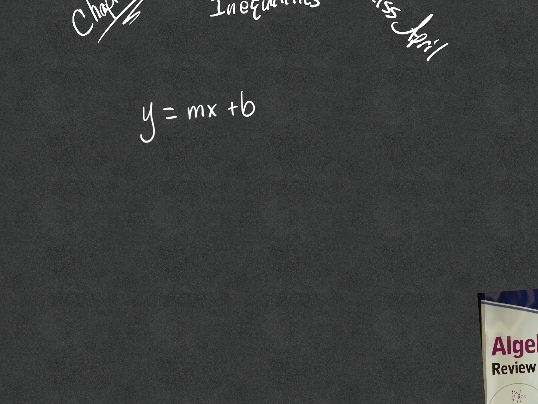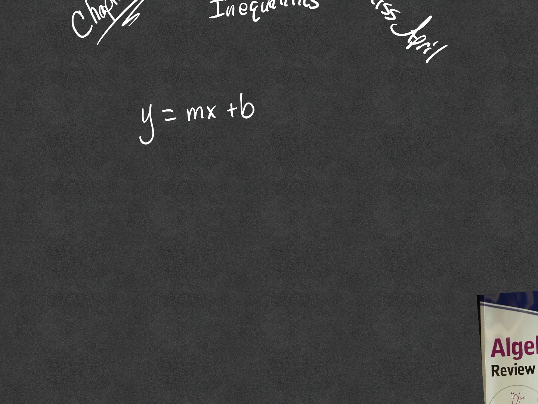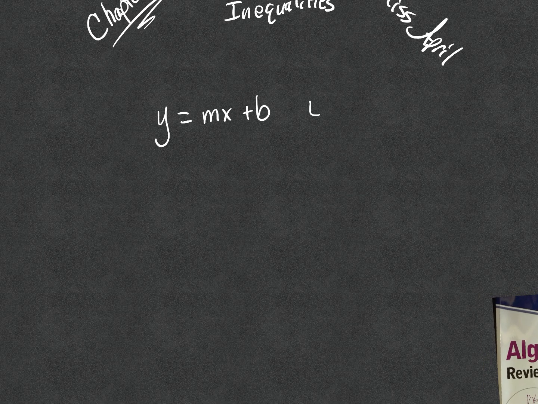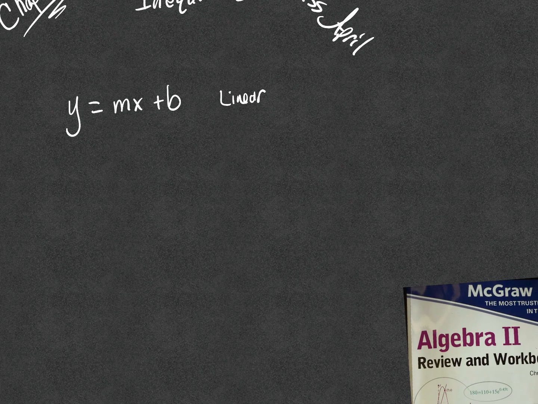It's my baking mnemonic. This is a very simple equation, and it's in linear form, and it is actually in what we call point slope form.